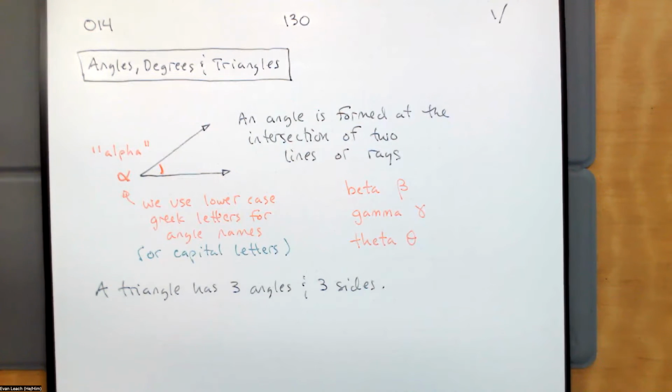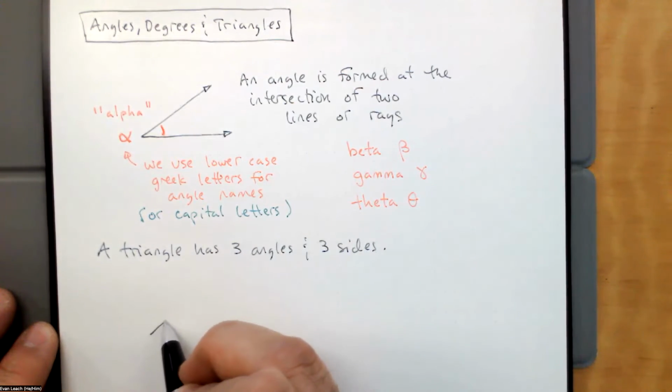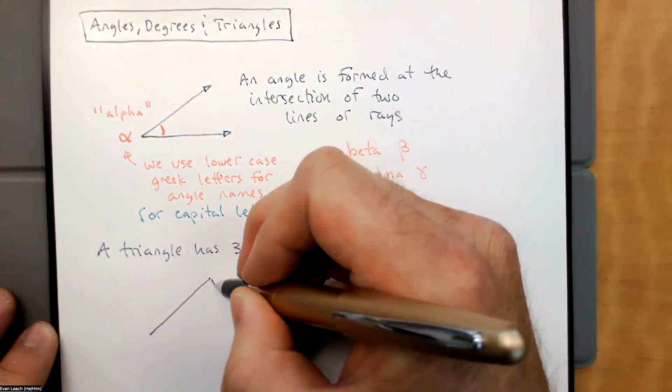The reason that I bring this up is that I want to come up with our usual naming convention if we have to name all the parts of a triangle. Let's just draw a generic triangle.